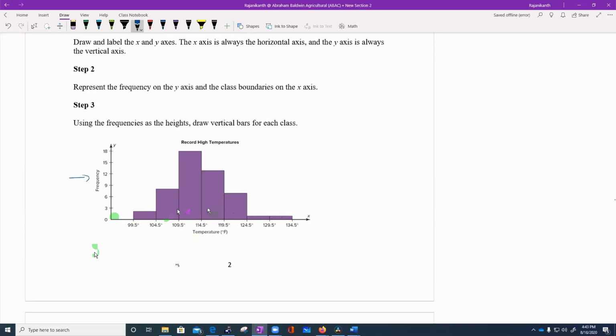Okay. The good thing is you have a calculator to draw the histogram. But in some cases, your calculator histogram and your original histogram may be a little bit different, because our calculator will choose automatically the number of bars or classes.